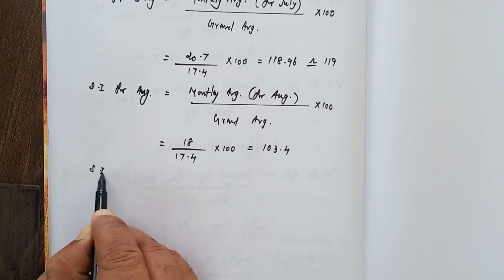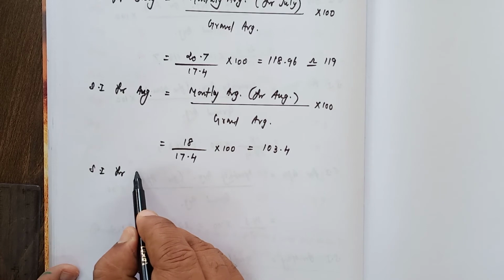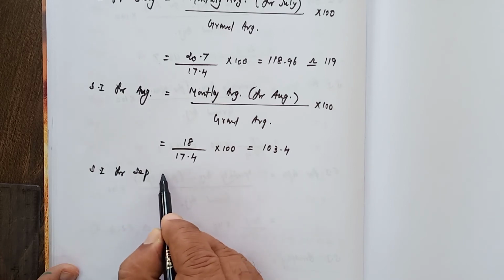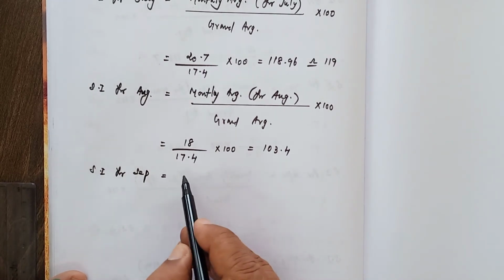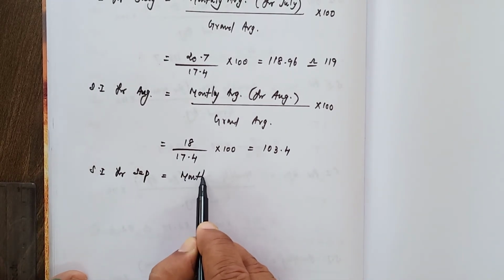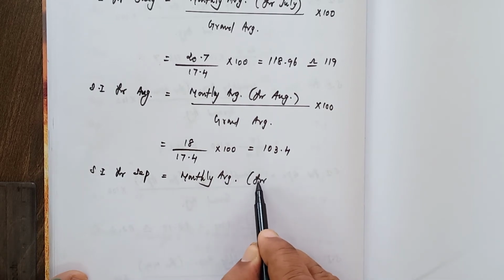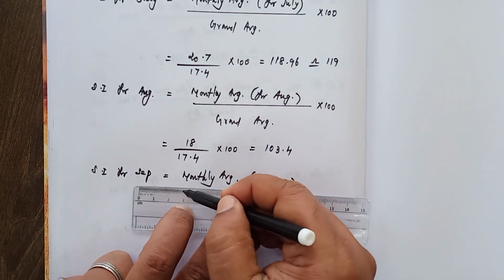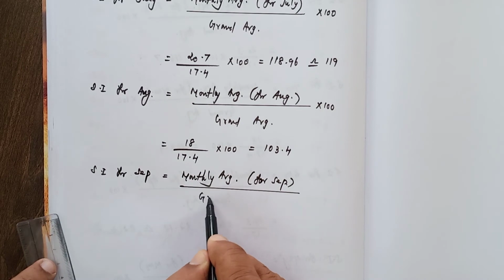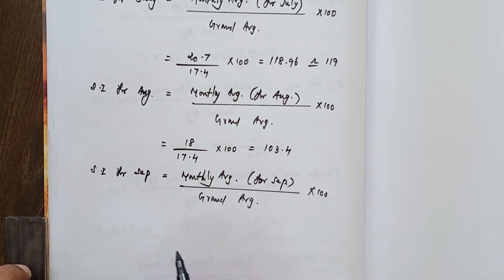Now seasonal index for the month next to August, September, equals monthly average for the month of September divided by grand average into 100.